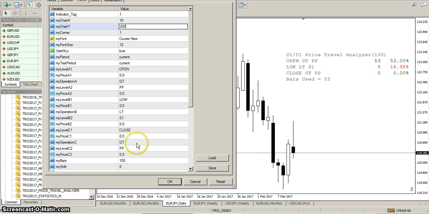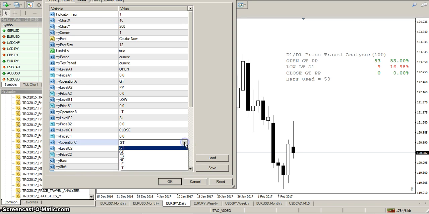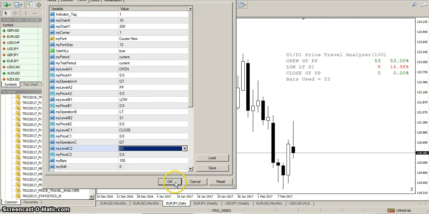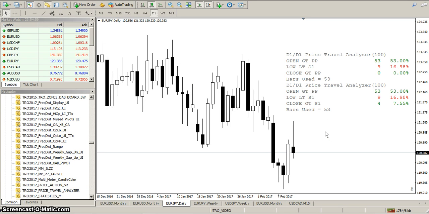So let's see, did close get above S1? Okay, so you see here the first 2 numbers are the same, but now we're saying did close get above the S1? So that's how we're analyzing price. I hope that's clear, the 2 cases we looked at.